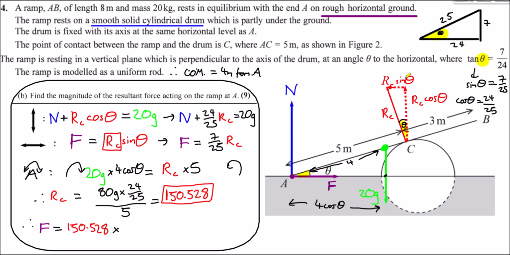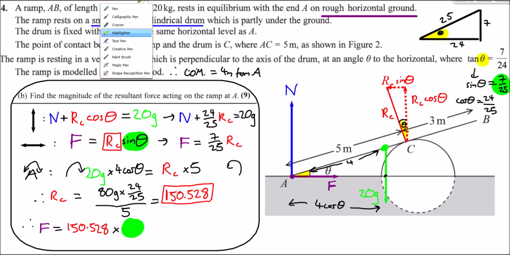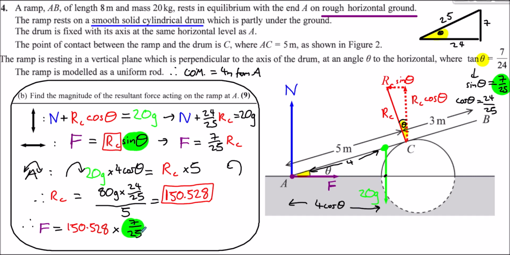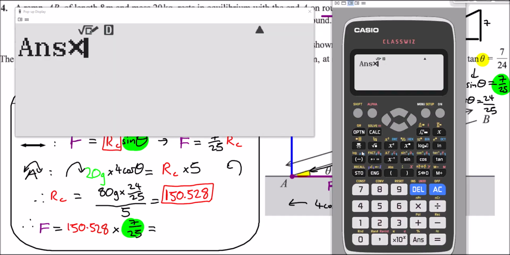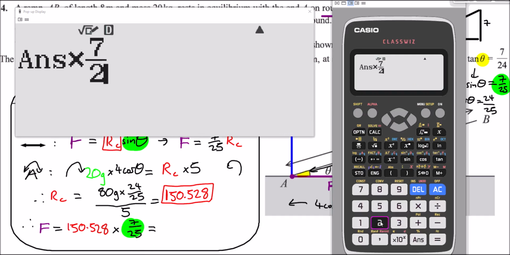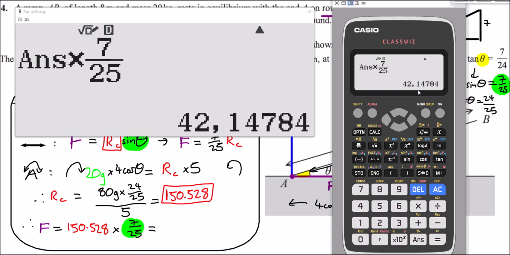Well, we're not told, we've worked it out. So sine theta is 7/25. So I should multiply it by 7/25. That gives me 42.14784.